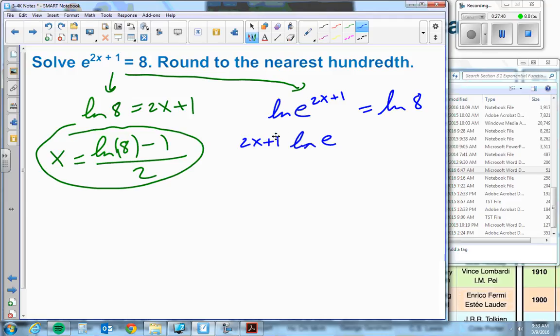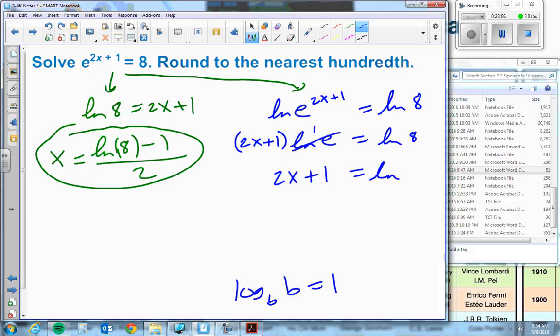I need parentheses once again, because it's not just 1 times natural log, it's that whole exponent that became a factor. What is natural log of e? Yeah, because there's that other rule: if you do log base b of b, it always equals 1. And so that's just 1, actually. And so the left side is really just 2x plus 1. And then you solve for x, and you'll get what we already have there.